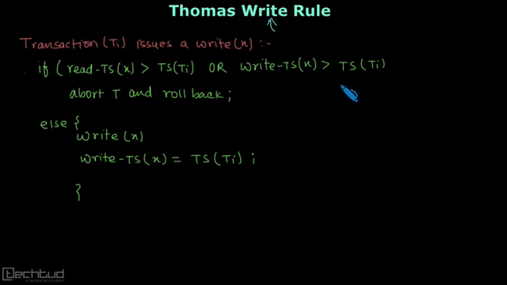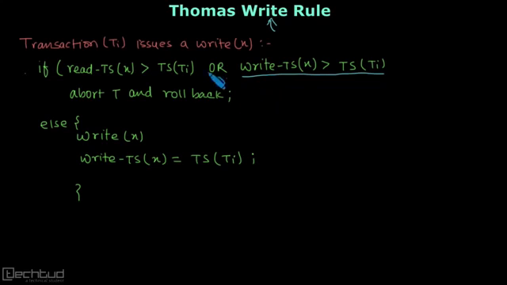Now we know that in view serializability we ignore blind writes, and that's why the case where a later transaction has done some write operation over this variable X is ignored in the Thomas Write rule.